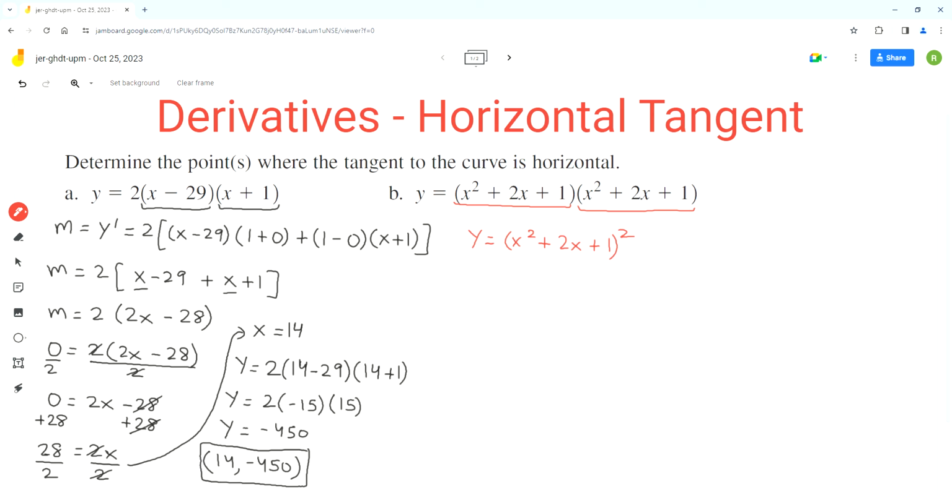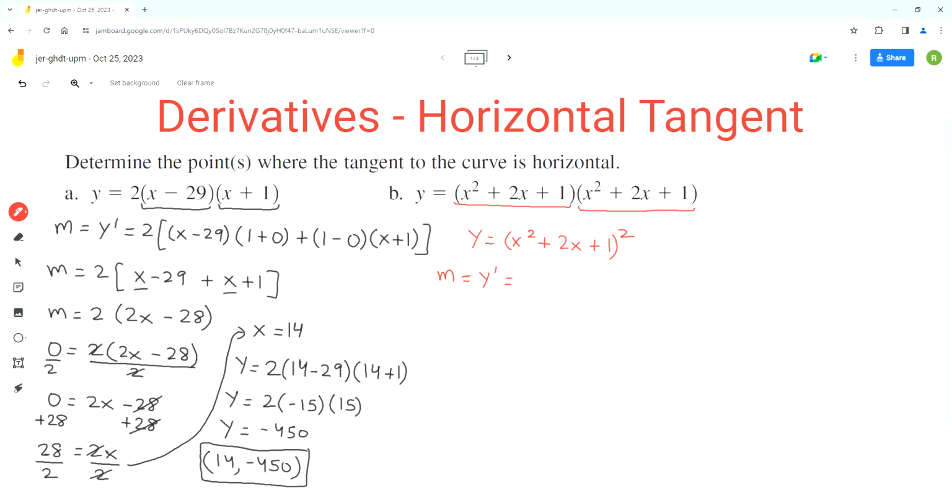Now we can find the derivative of this expression, and that will be the slope of the tangent to the curve. So m equals y prime, which is equal to, now we can use the power rule of derivatives.